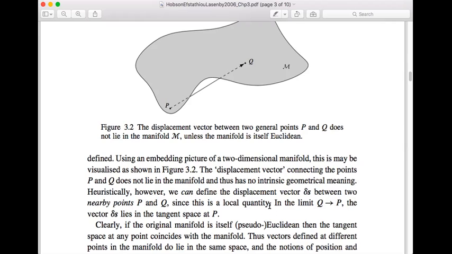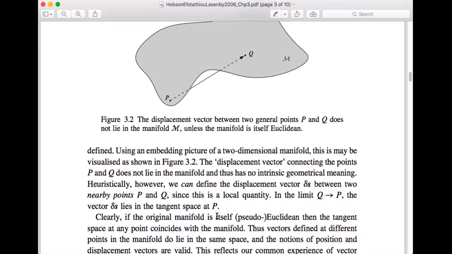In other words, what he's saying is, let's imagine moving this point Q so it's really close to the point P. Well, then to a good approximation, the displacement from P to Q is a displacement vector in that tangent plane, and then it makes sense. It's something that lies in this well-defined tangent space at the point P.